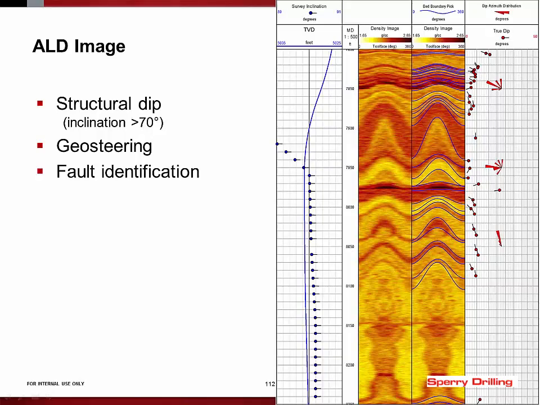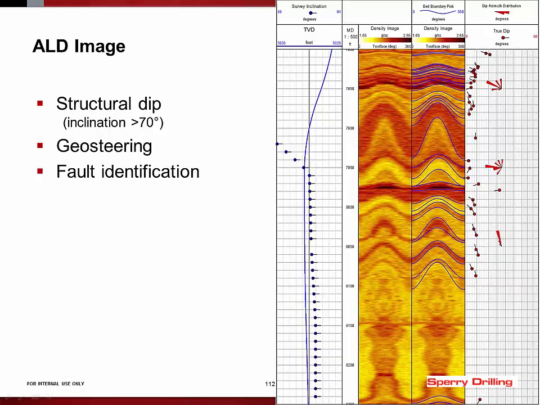In the same way that we can with the AFR resistivity image, we can also take the density image and use it to calculate formation dips and to identify the presence of faults, and also to use that information for geosteering decisions in real time. Now, the image doesn't have the detailed resolution that the AFR does. The resolution of the density image is maybe a foot or thereabouts compared with the inch or half an inch that you get from the AFR.